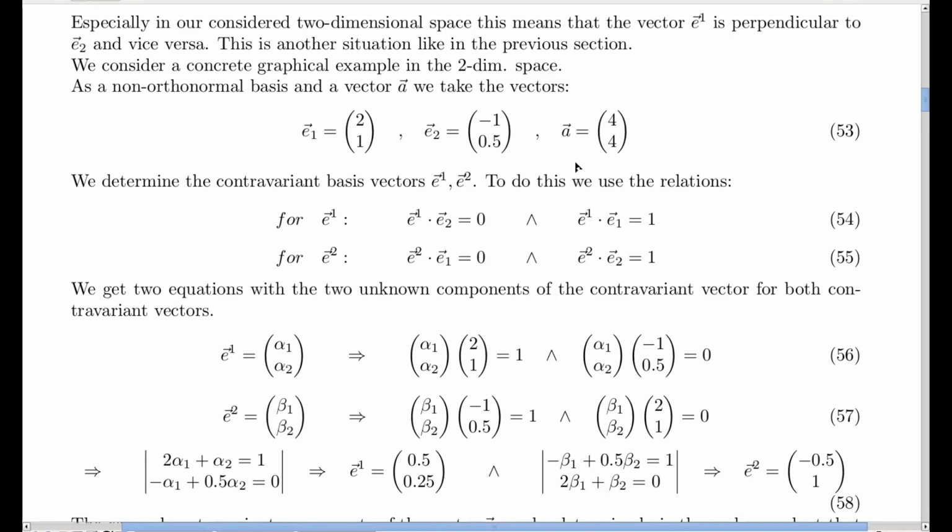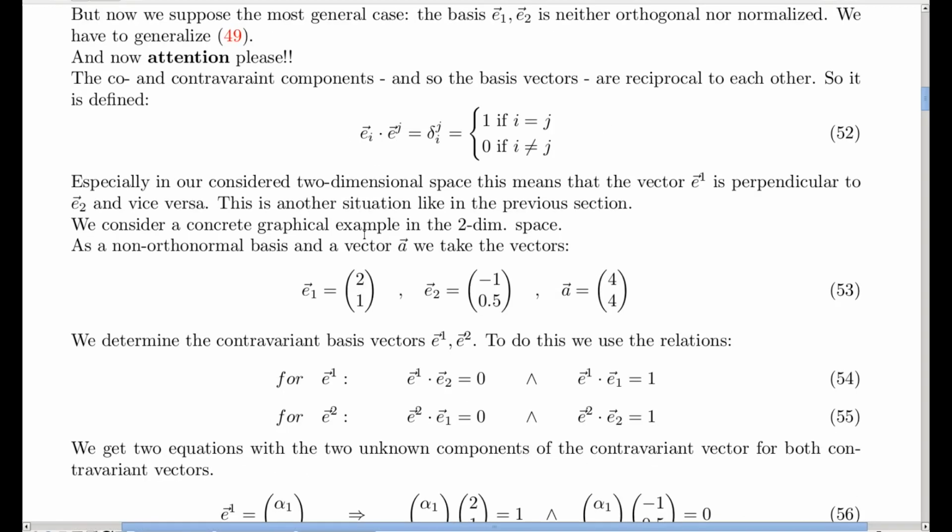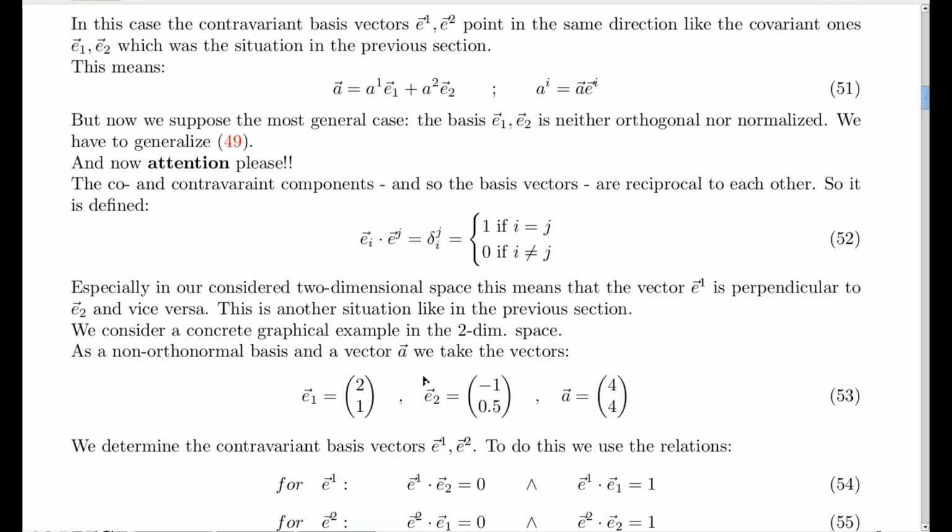We can write for the E1 contravariant basis vector: the scalar product of E1 contravariant and E2 covariant must vanish, it is 0. And the scalar product of the first contravariant basis vector and the first covariant basis vector must be 1. Here we see directly the reciprocity. We can write the same for E2 contravariant.